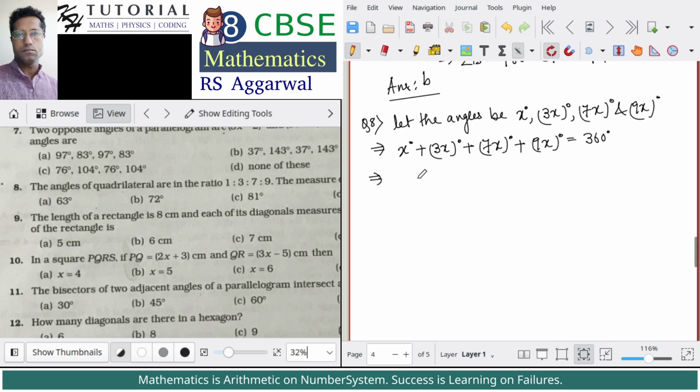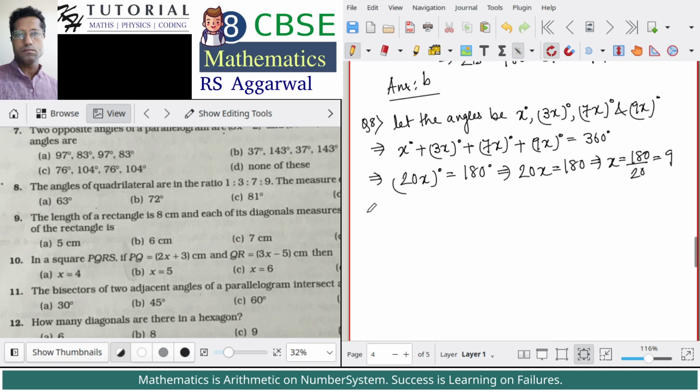Simplifying the left hand side, we get x plus 3x is 4x, 4x plus 7x is 11x. We have 20x degree is equal to 360 degree. So this implies 20x is equal to 360. This implies x is equal to 360 by 20, which is 18.